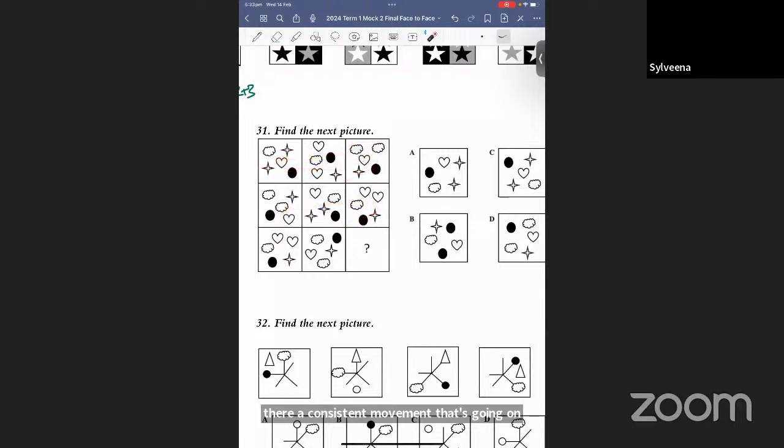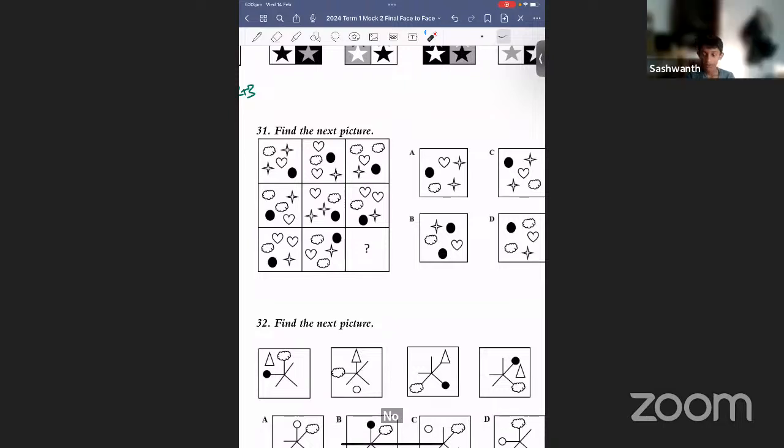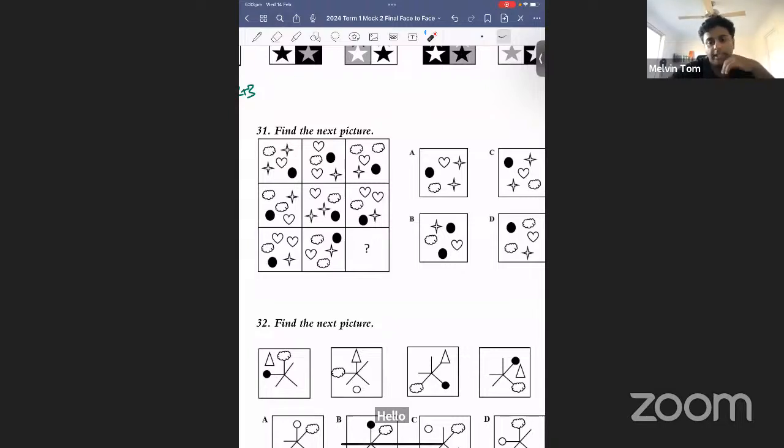No. Whenever there is a consistent movement of objects around something, or the thing rotating around, and the number of things are also changing, usually the pattern could just be a pattern of the number of objects.